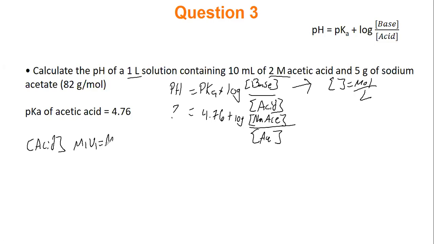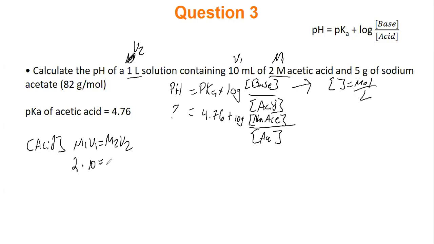M1V1 equals M2V2. I'm going to say the 1 liter solution is V2. You could call it V1 if you want, doesn't matter. So 10 milliliters is V1, 2 molar is M1. I'm taking 2 molar of a 10 milliliter solution and diluting it.